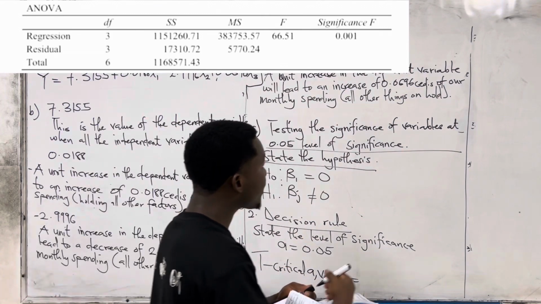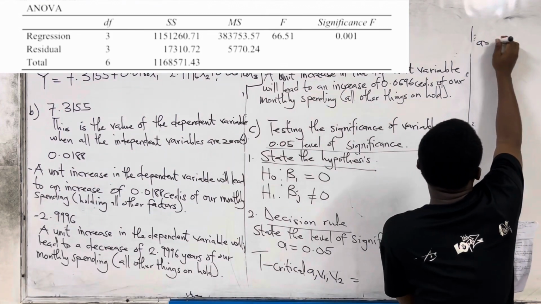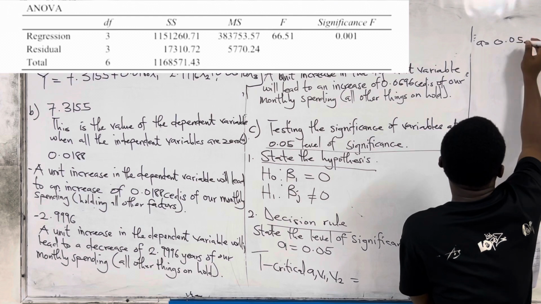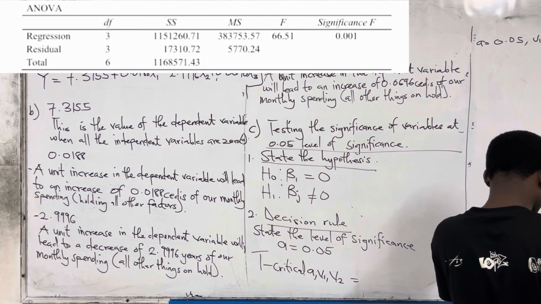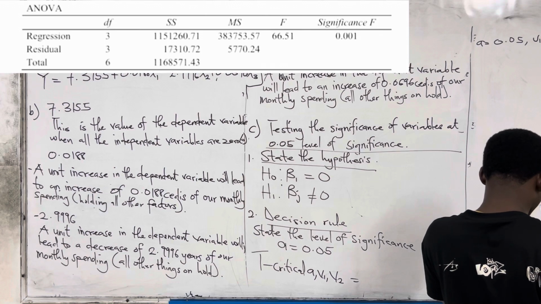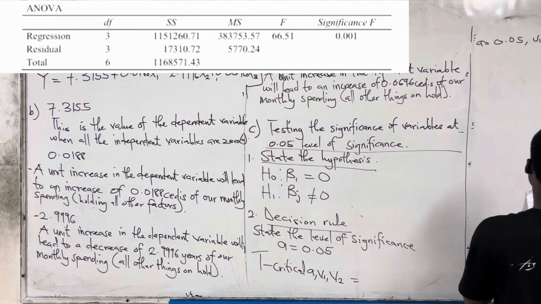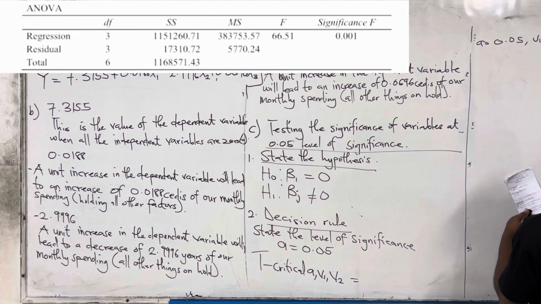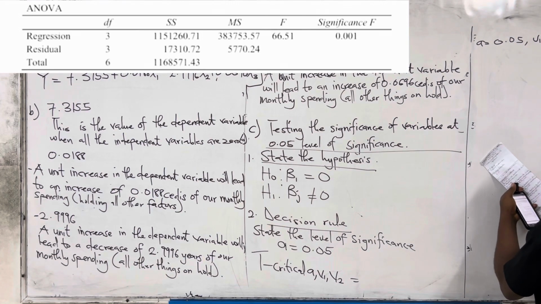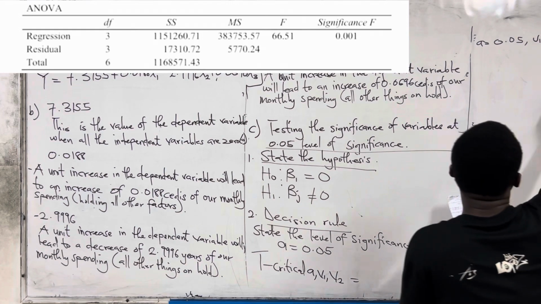So we have our alpha to be 0.05, and our v1 is the regression, which is 3, and we have our v2 equal to 3 as well. So this is what we have.